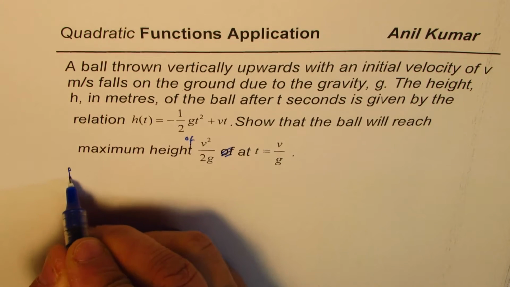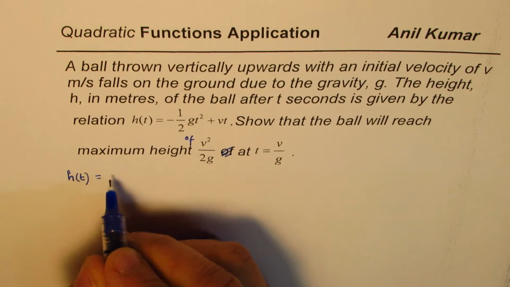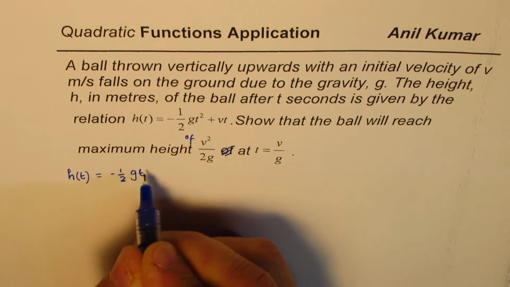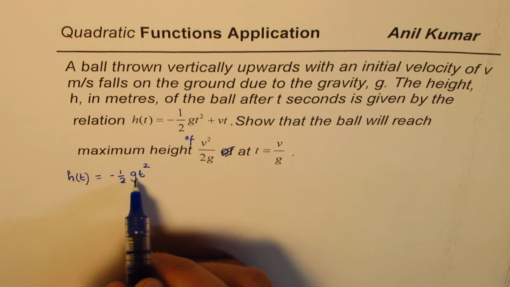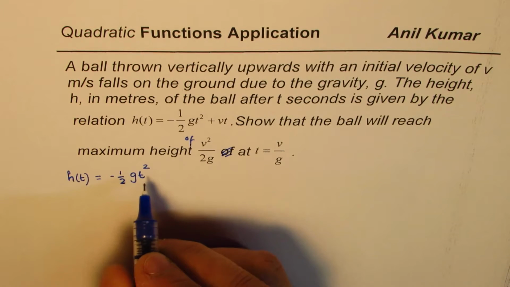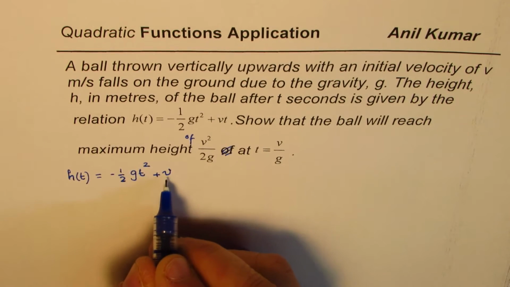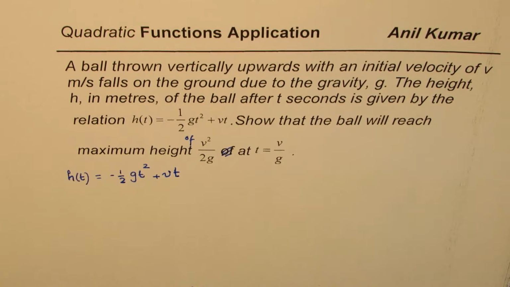We are given h of t, the height of the ball at any instance of time t, equals minus half g t square, minus because the ball is thrown upwards and the gravitational pull is downwards. t is time in seconds, g is acceleration in meters per second square, plus v, the initial velocity with which the ball is thrown, times t. So that is the equation which you always see.